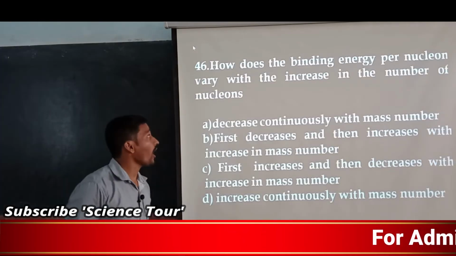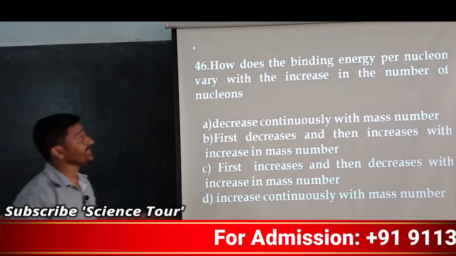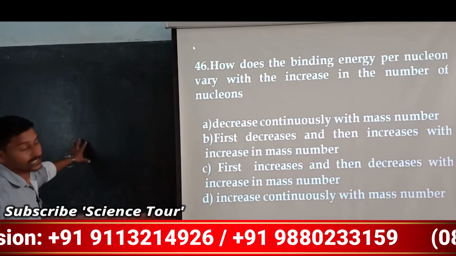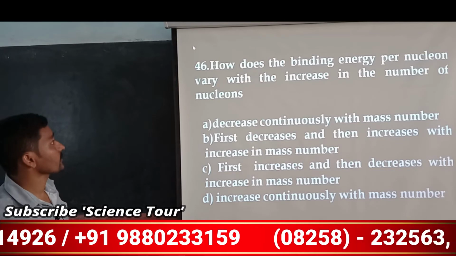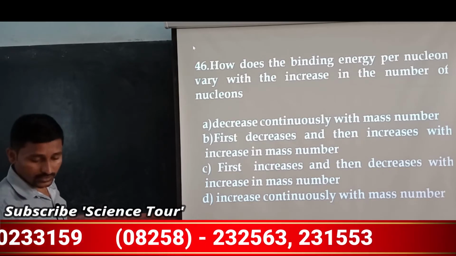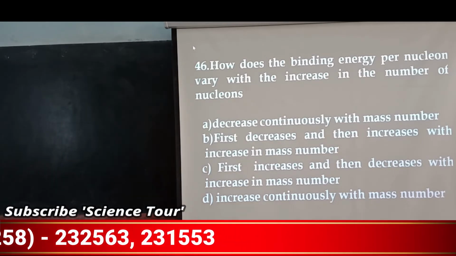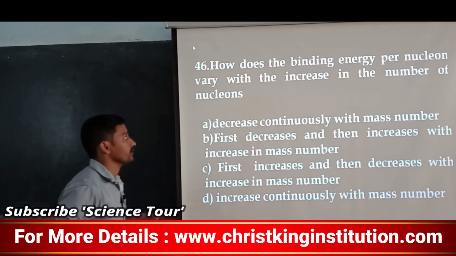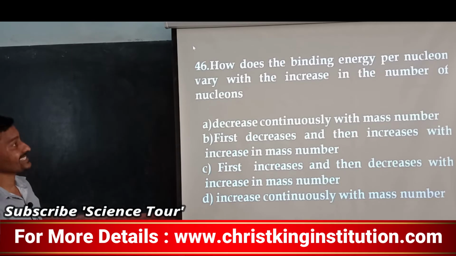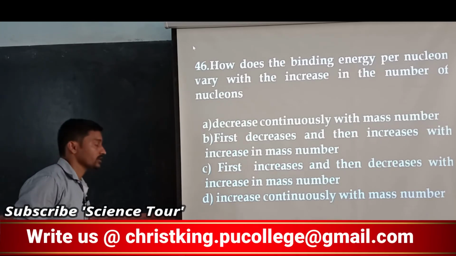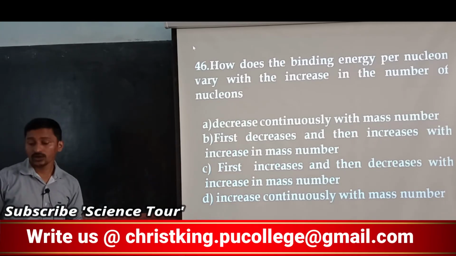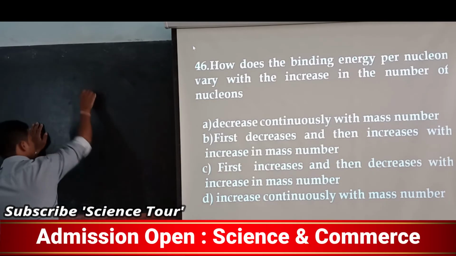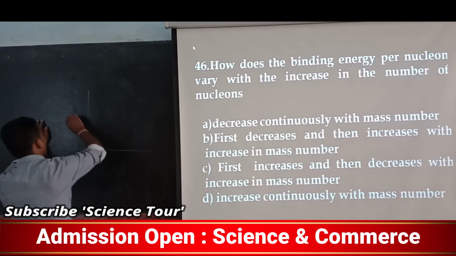Next, how does the binding energy per nucleon vary with the increase in the number of nucleons? So what is that binding energy curve?